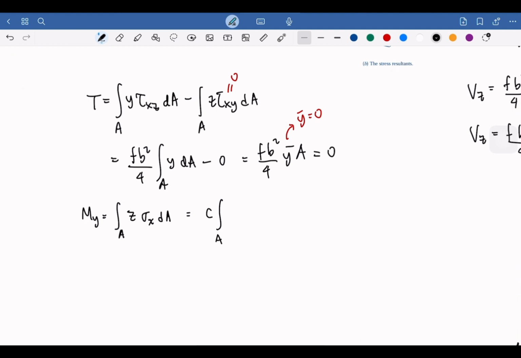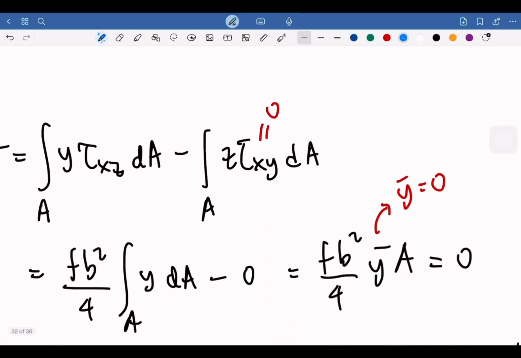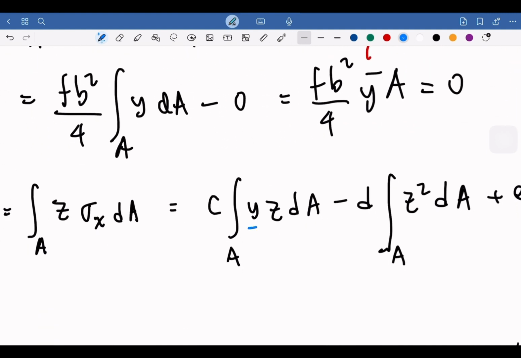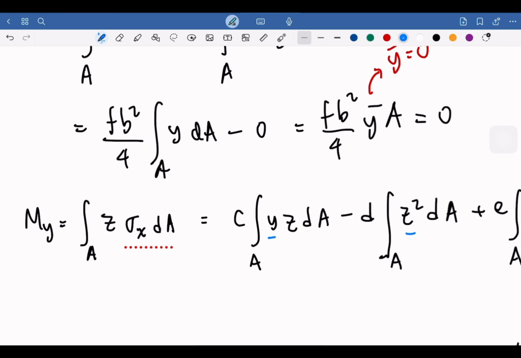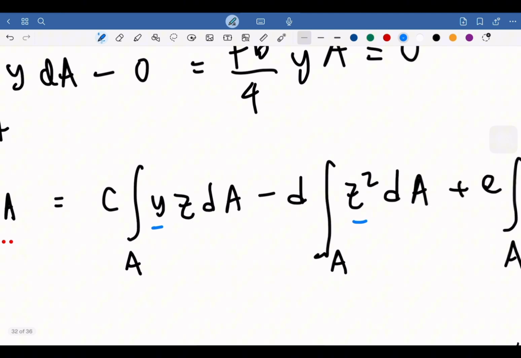So this will be A y z dA minus d, this will be z squared dA, and then plus E. Okay, basically just making this y z, and z multiplied with z becomes z squared.